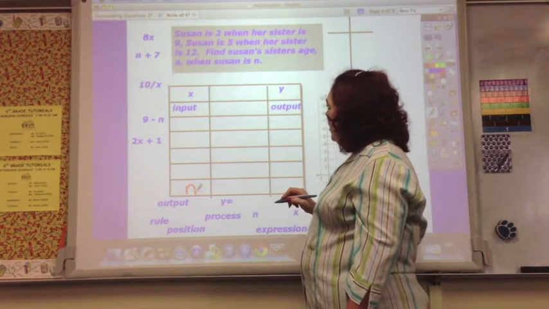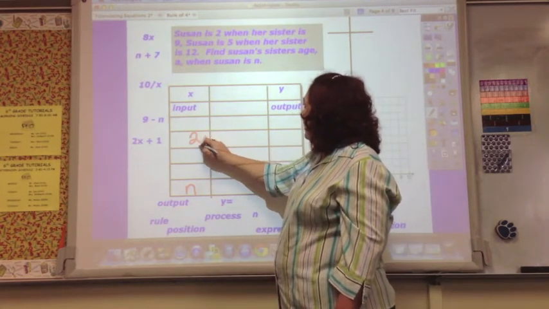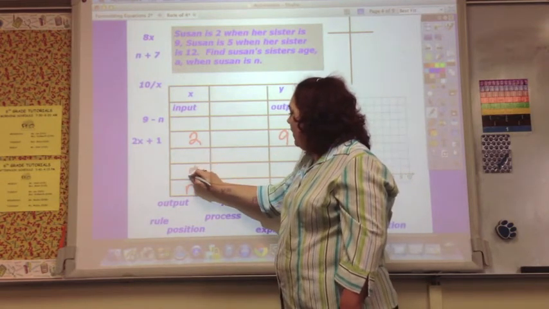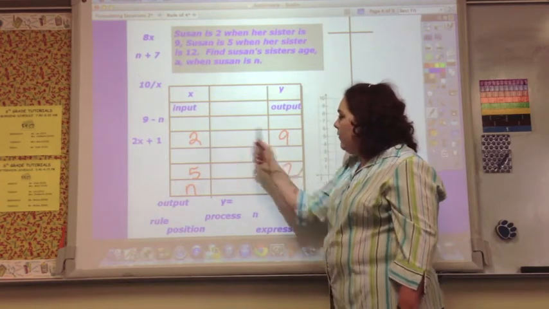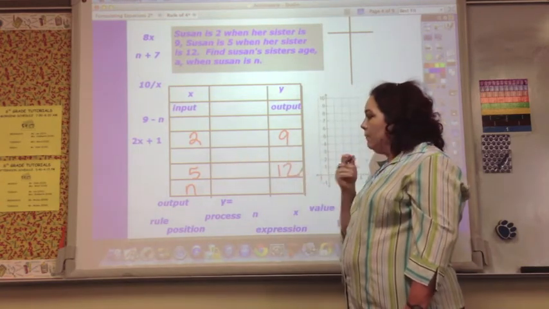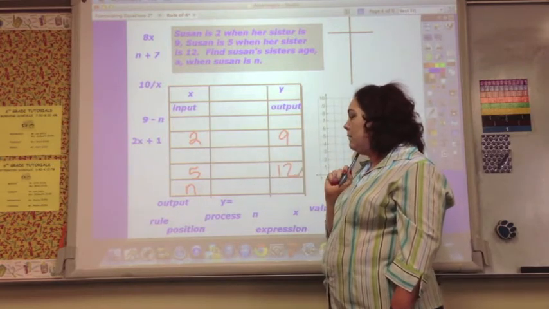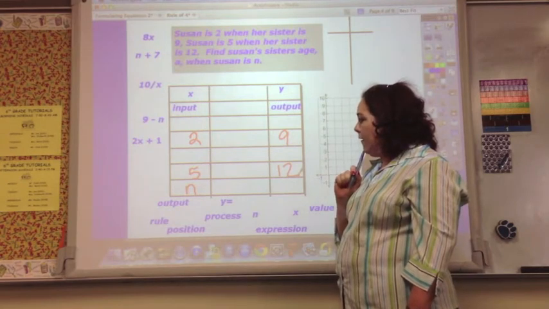Susan is n. So Susan is 2, and her sister is 9, and Susan is 5, and her sister is 12. So what's going on in between here? We're not multiplying, because you don't multiply 2 times anything to get 9. You don't multiply 5 times the whole number to get 12.